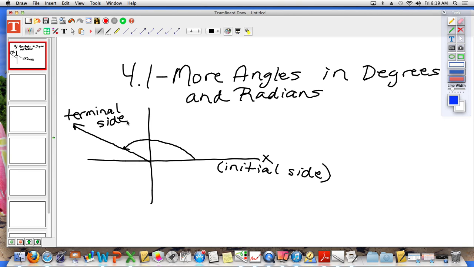We need to talk about coterminal angles.